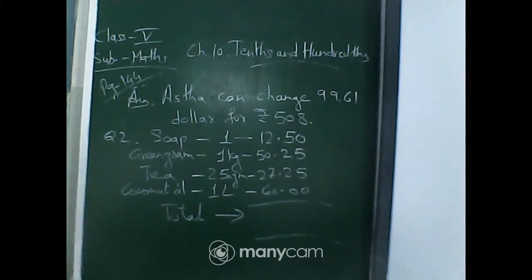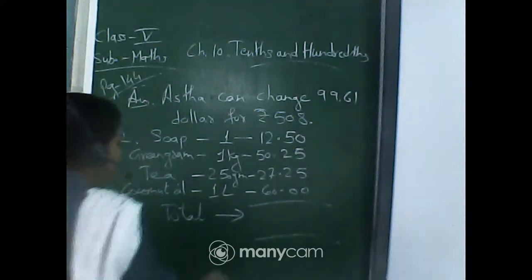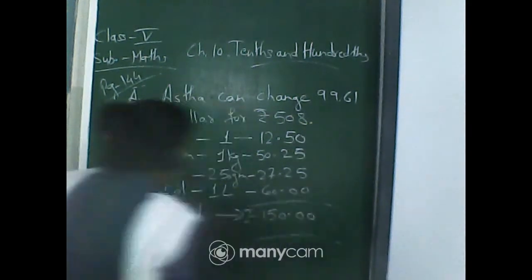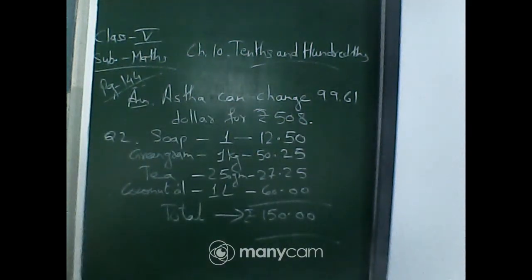So after the point whatever is there is in paise, and before the point whatever is there is in rupees. Yes, when you are adding you are getting the answer as rupees 150. Okay. Yes, it is correct. So all have done it in the book.